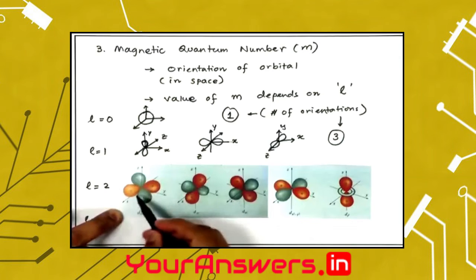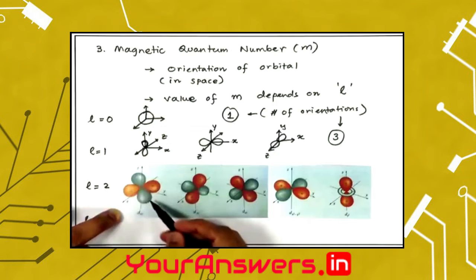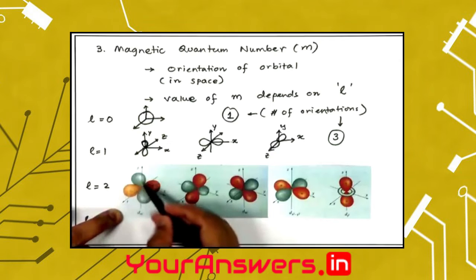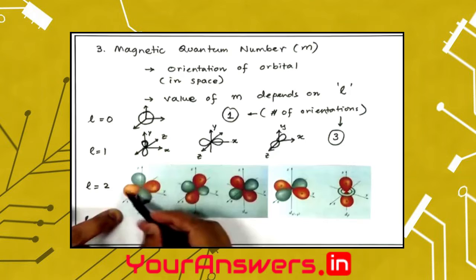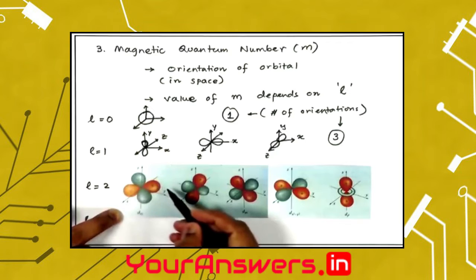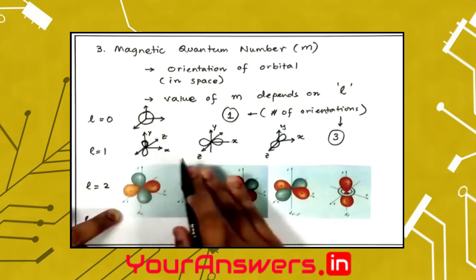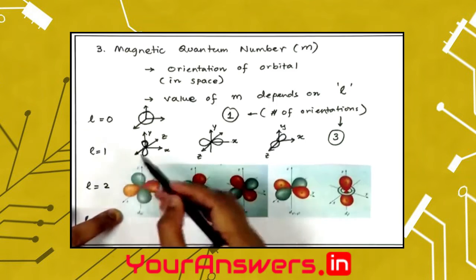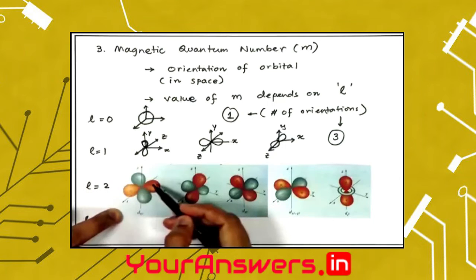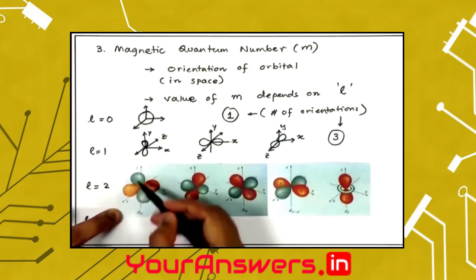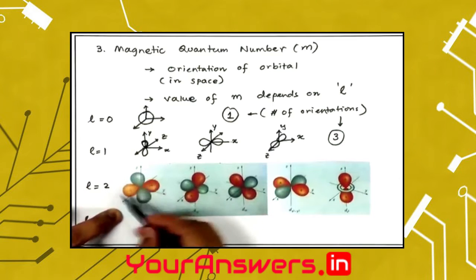In this picture, one dumbbell is in silver color, another in orange color. Both the dumbbells are actually on the xy plane. The z axis is coming out of the plane of paper, and these dumbbells are on the xy plane.